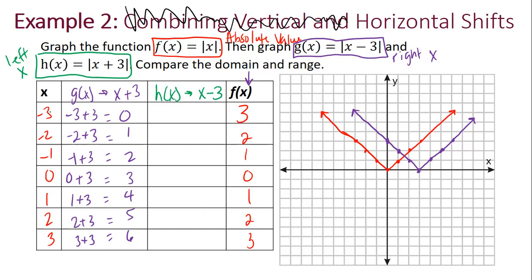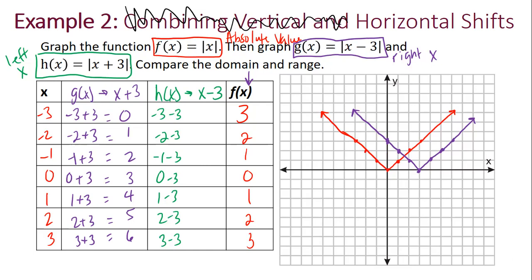So going back to my parent function. So we have -3 minus 3, -2 minus 3, -1 minus 3, 0 minus 3. We don't touch the absolute value at all. 1 minus 3, 2 minus 3, and 3 minus 3. The beauty of using transformations is that you don't have to actually plug the values into the function.